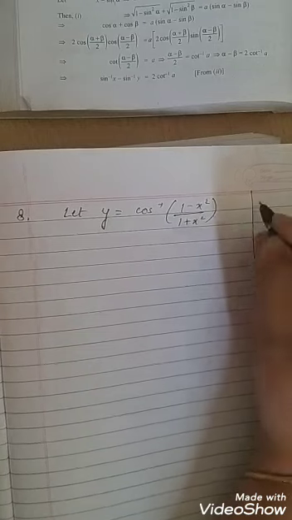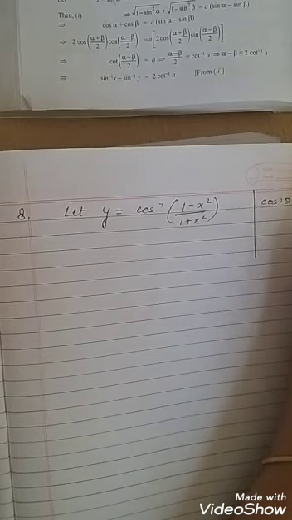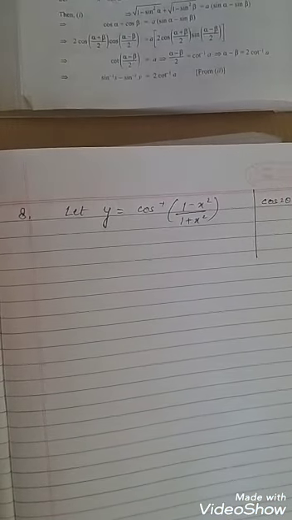Children, there is one formula I think you should know: cos 2 theta is 1 minus tan square theta upon 1 plus tan square theta. Now I hope you got the hint about what we are going to substitute here.